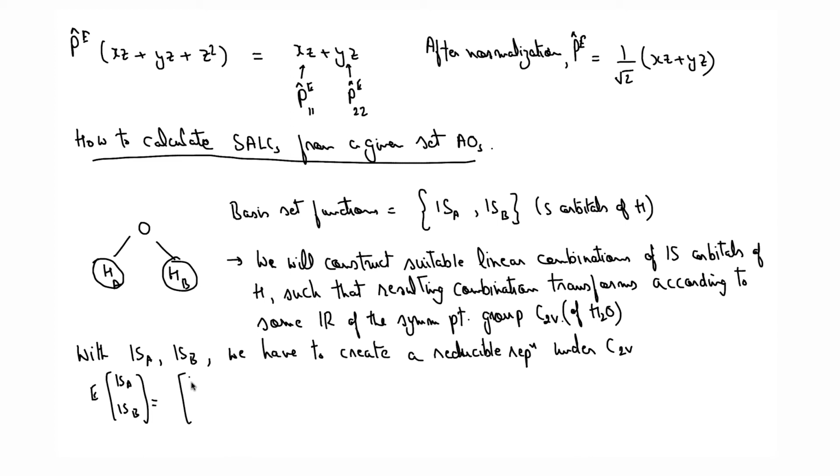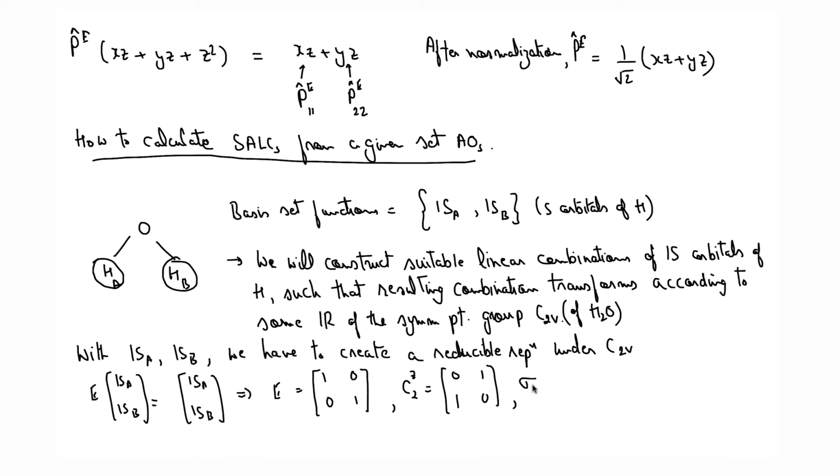We get the same matrix back. This implies that E can be written as the 2 cross 2 unit matrix, right? Similarly, C2Z can be written as, we have done that earlier, so I'm not going to do this for all the operations, 0, 1, 1, 0, because 1sA and 1sB are now replaced with each other.